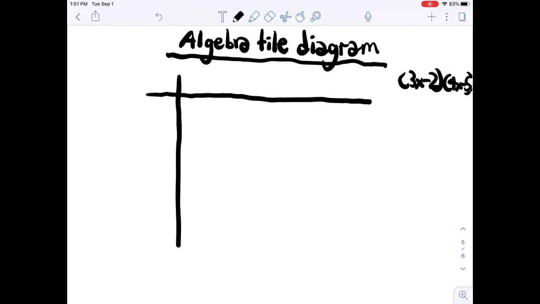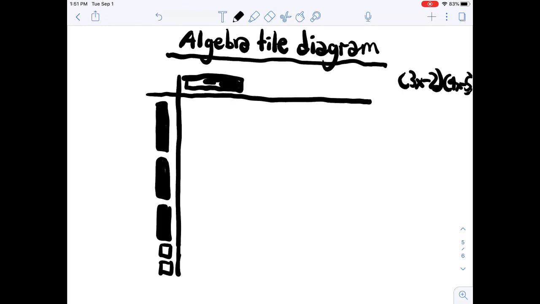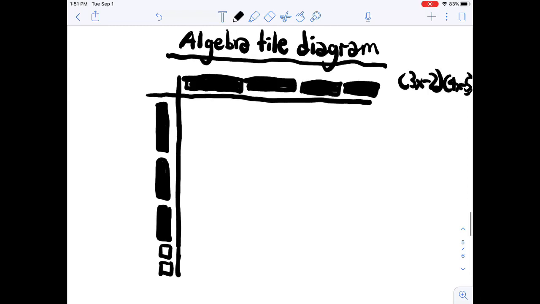You can draw 4x minus 5. It doesn't matter. So 3x minus 2. 3 long rods shaded in. 2 small squares unshaded. Then at the top, 4 long rods shaded. Then 5 small squares unshaded.